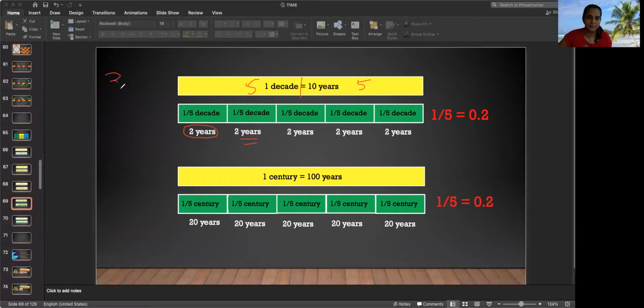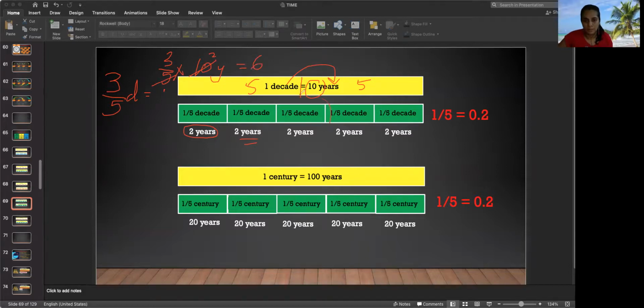So what is 3/5 of a decade? How many years is that? You just take 3/5 of the decade. The conversion is from decade to years, so the number is 10. So 3/5 times 10 years. Then you divide here, and 3 times 2 is 6.